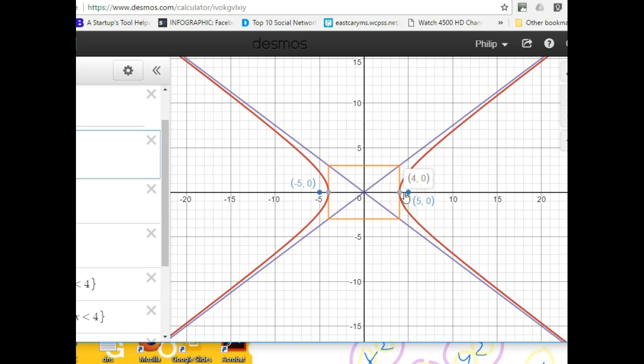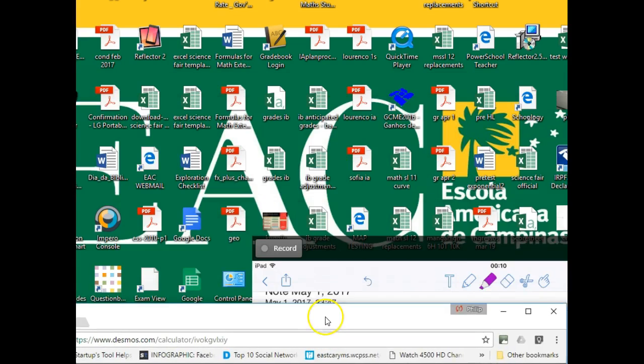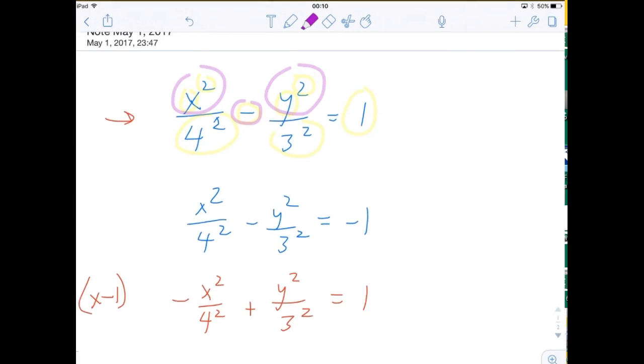So the basic two steps are: you draw the orange rectangle so that you know where the vertices are and what the slope of the asymptotes are, and then you draw the hyperbola so that it follows along the asymptote, goes through the vertex, and then follows along the asymptote again.